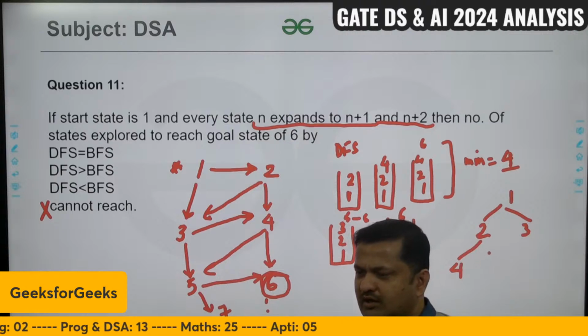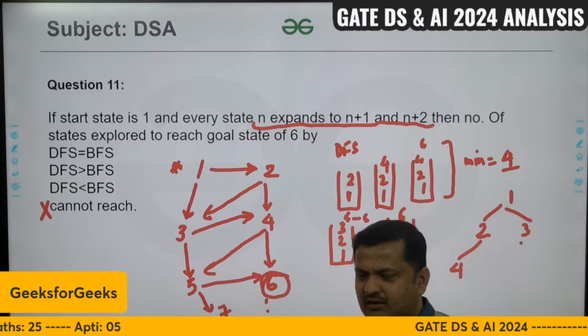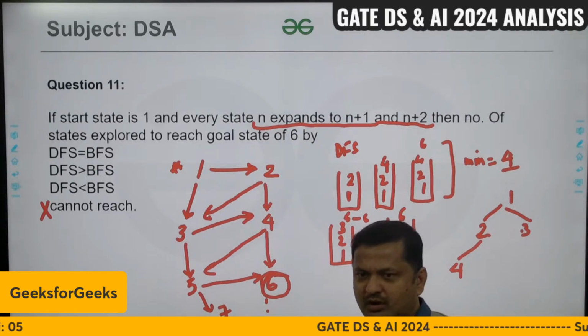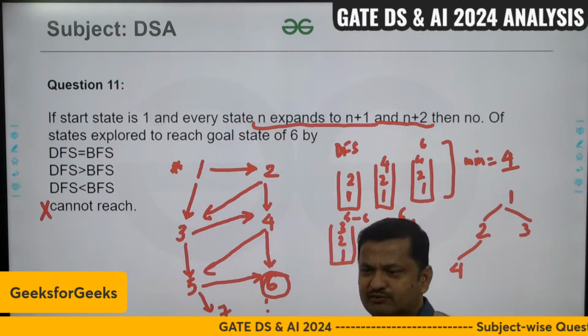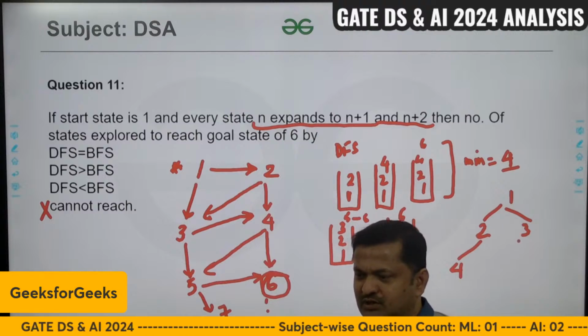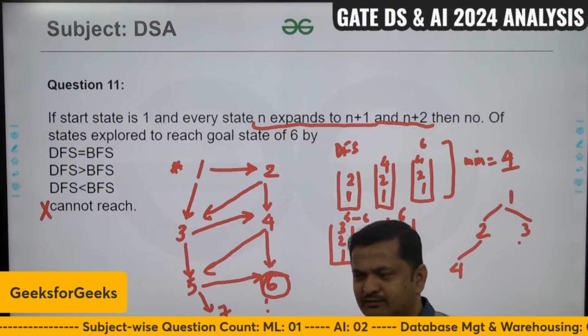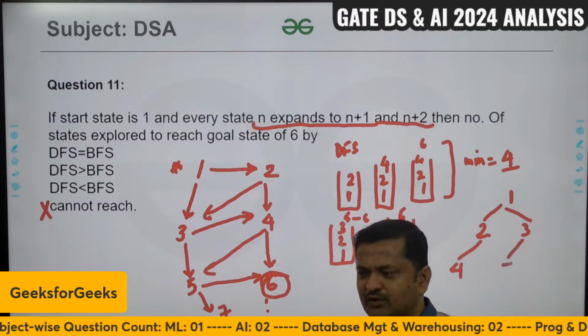Then for 3, all the elements at the same level have to be visited, so we have to explore all the possibilities. 3 has two adjacent nodes, 4 and 5. 4 is already traversed, so it will only visit 5.